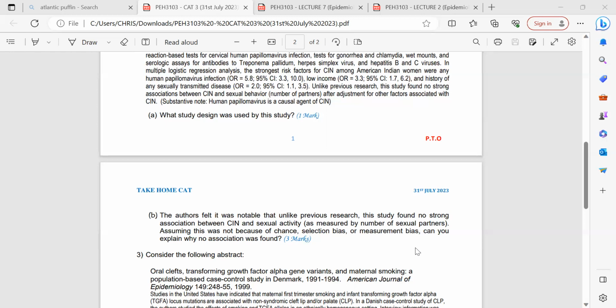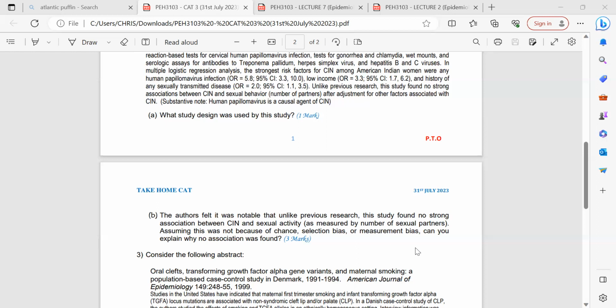Maybe, or even there were other confounders that played a role, or other factors that played a role in the previous research that are not there now. Yes, the risk factors. So let us put it as changing risk factors.